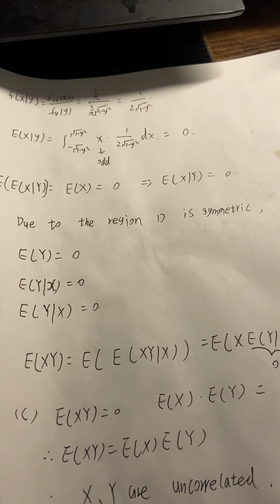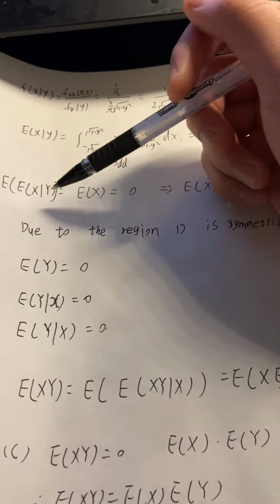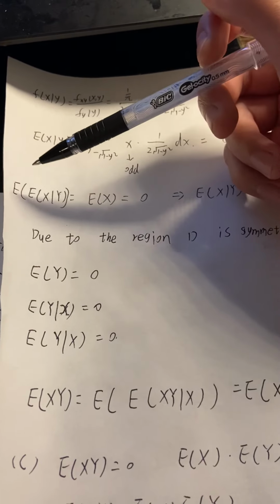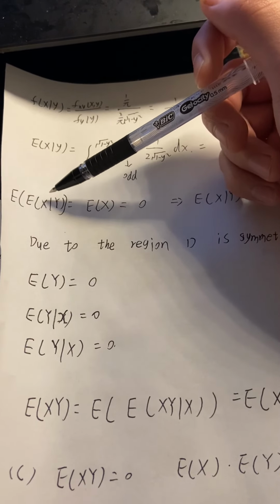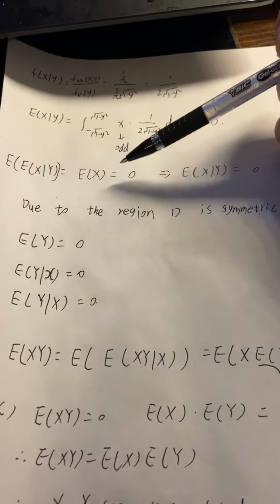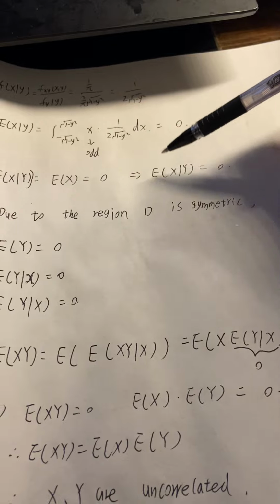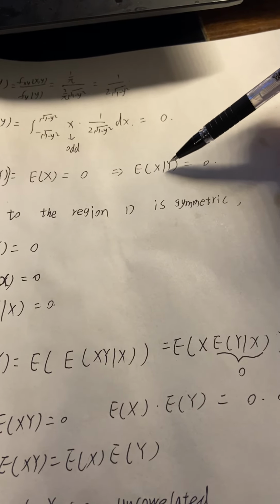Next, we need to find E of X given Y. We know E of X given Y is equal to E of X, and E of X is equal to 0. So E of X given Y is also 0.